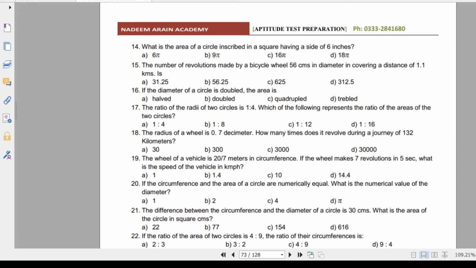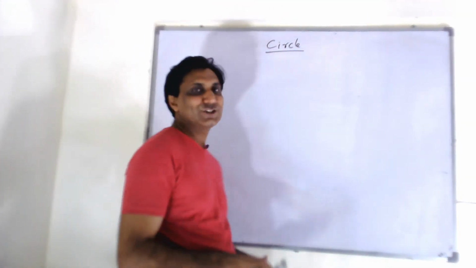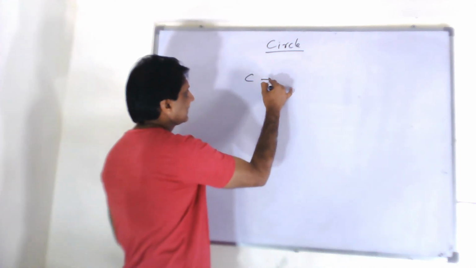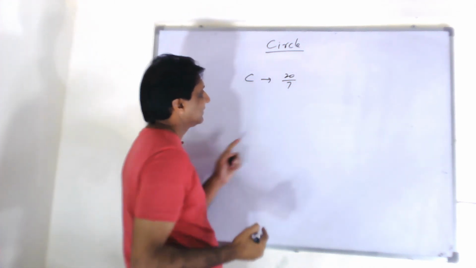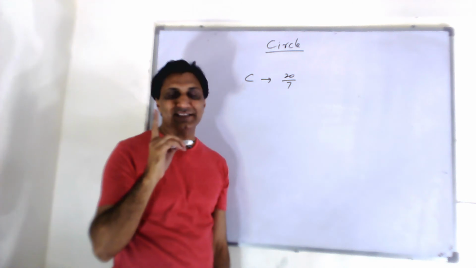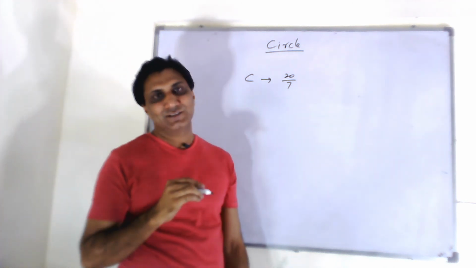Question 19. The wheel of a vehicle is 20/7 meters in circumference. If the wheel makes 7 revolutions in 5 seconds, what is the speed of the vehicle in kilometers per hour? The circumference is 20/7, which is the distance traveled in one revolution.